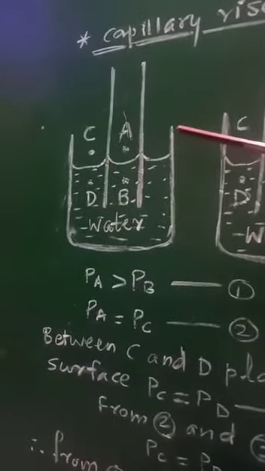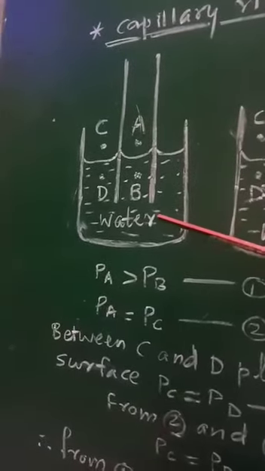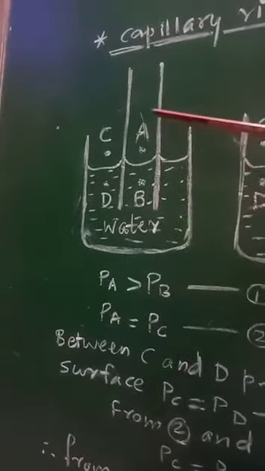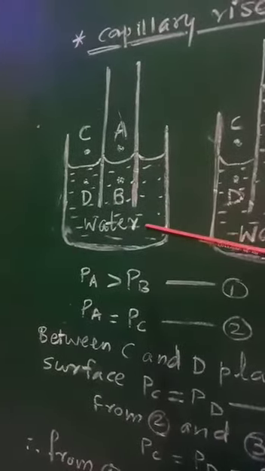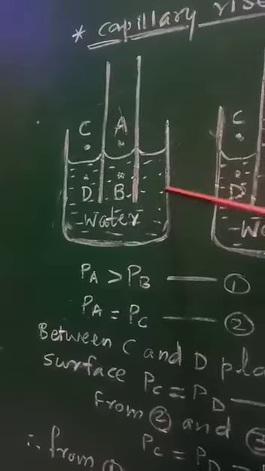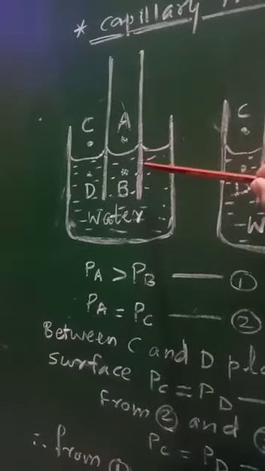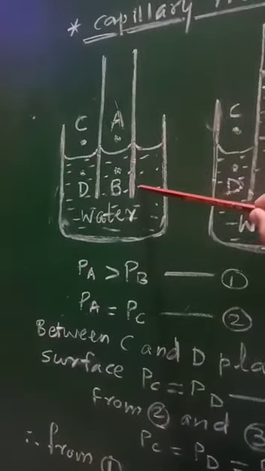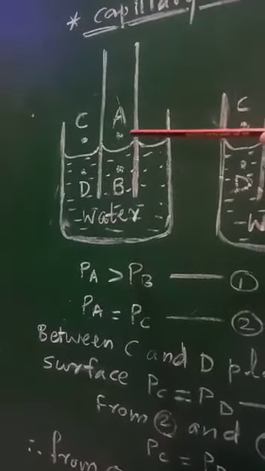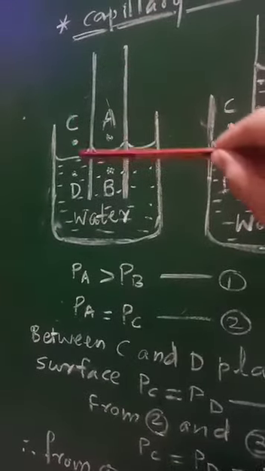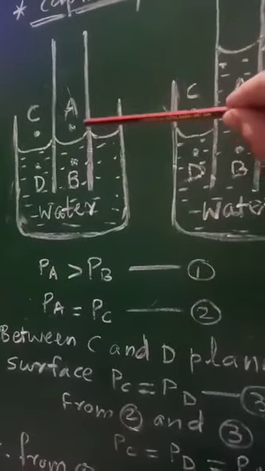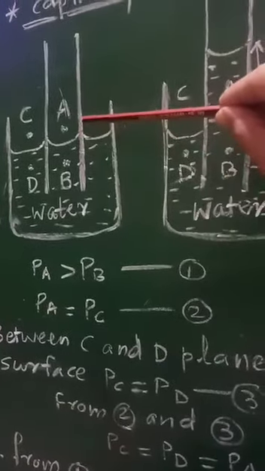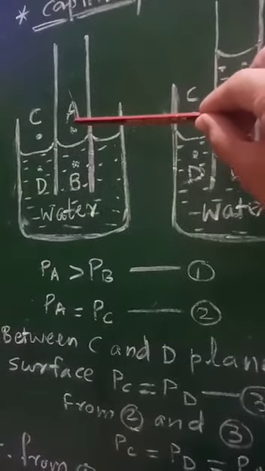For that purpose, let us consider a vessel filled with water and a capillary is dipped into it. So for example, water is contained in this vessel and the capillary is dipped into it. Let us consider 4 points A, B, C, D such that point A is above the concave surface and inside the capillary.